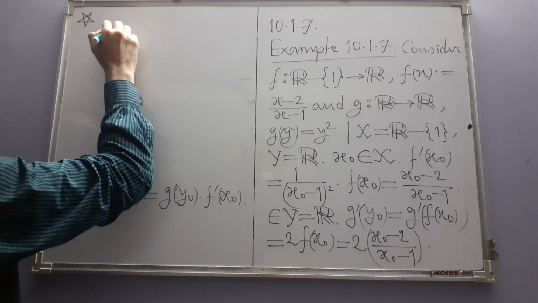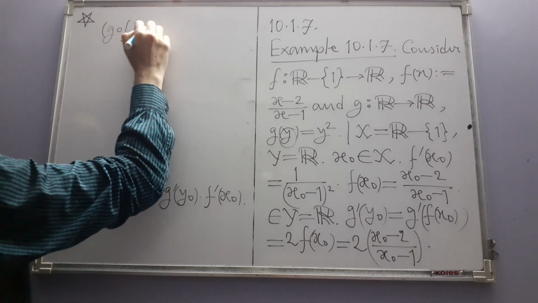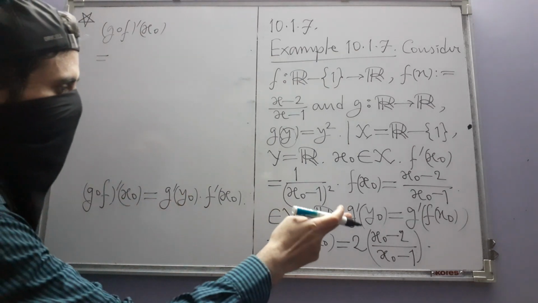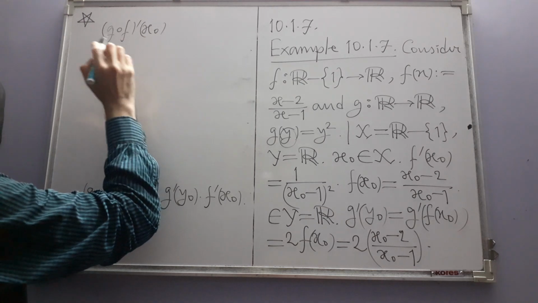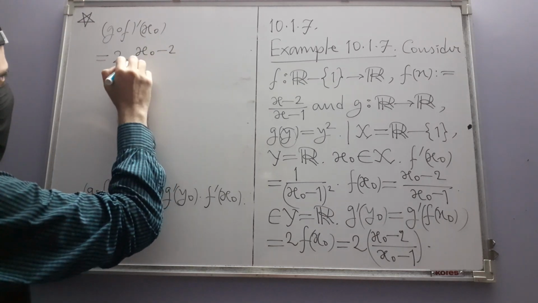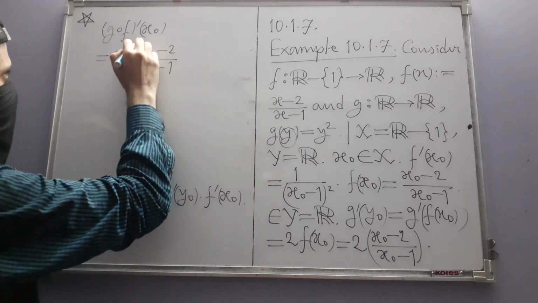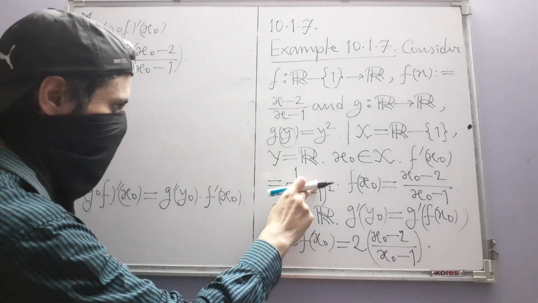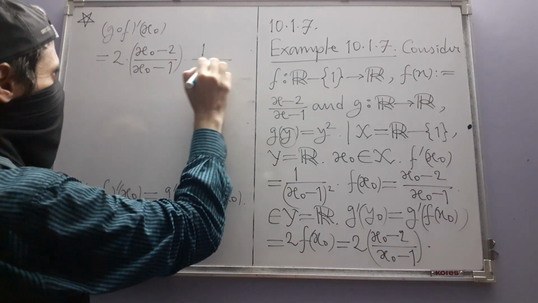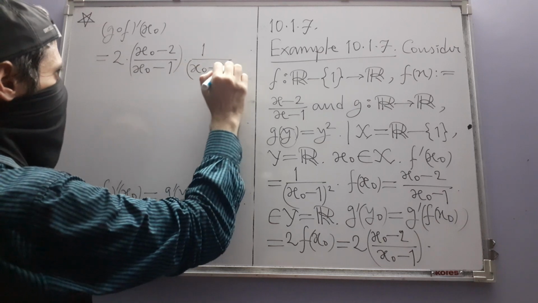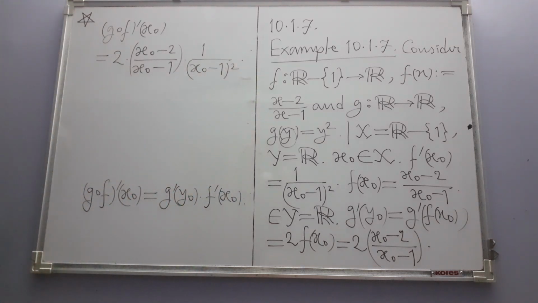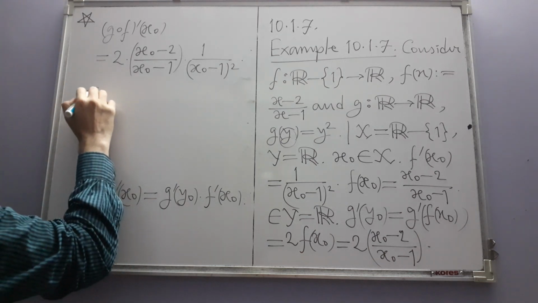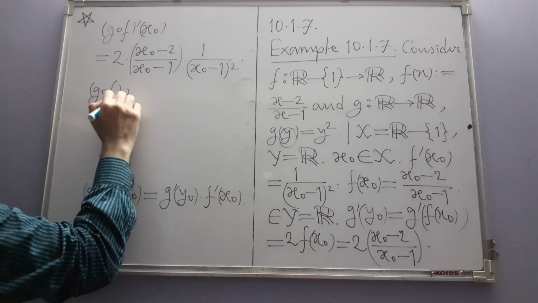Using this formula, we get the derivative of the composition at x naught to be g prime of y naught, which is this, times f prime of x naught, which is this. So that is the derivative of the composition. And the composite function, if you just want to see the formula, it looks like this.